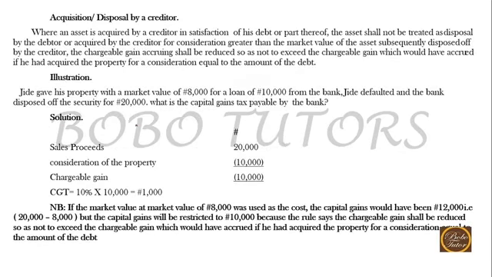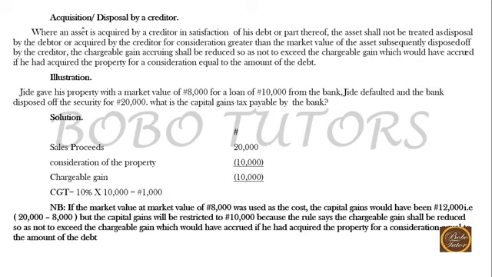The next on the line is the acquisition or disposal by a creditor. That is, if your creditor took hold of your asset because you are unable to pay your debt as at when due, that is, if your asset is used as a security, as a collateral.